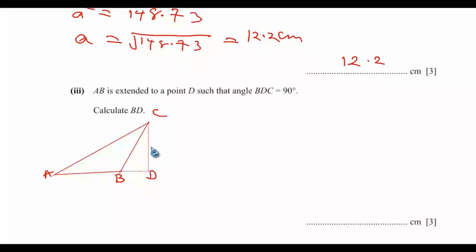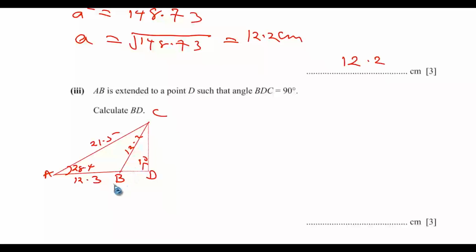This is 90 degrees here, this angle is 28.4, this side is 21.5, this is 12.3, and this BC is 12.2. I just need to bring this closer so we can navigate through easily.